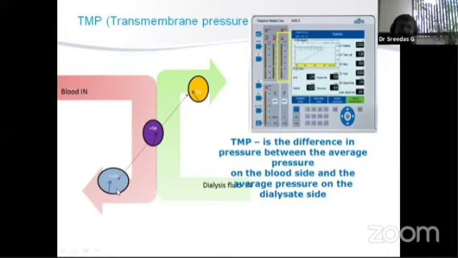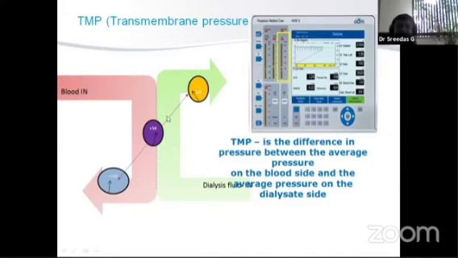So this is a cartoon which shows the transmembrane pressure. This is the blood out of the dialyzer, this is the dialyzer, and this is the starting of the venous limb of the circuit. Now you can see the pressure here is plus 100, and this is the dialysate out, the spent dialysate coming out. The pressure here is minus 50. So TMP is the sum of these two.